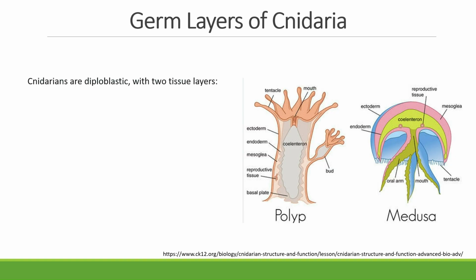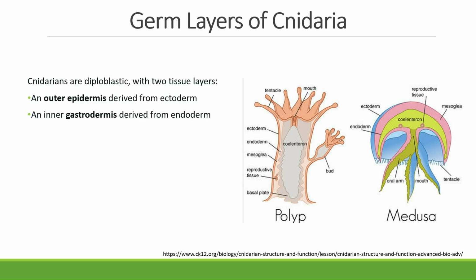Cnidarians are, again, diploblastic, so they develop only two tissue layers. The outer layer is the epidermis, which comes from the embryonic ectoderm and forms the protective covering and the tentacles. The inner layer is called the gastrodermis, which comes from the embryonic endoderm and lines the digestive cavity.